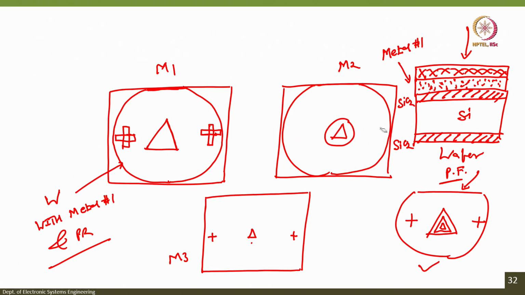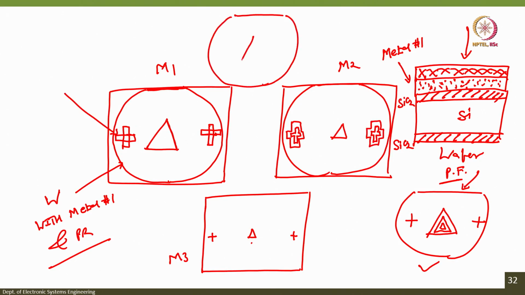But here the alignment mark of mask 2 is there already, and the wafer had the alignment mark from mask 1, correct, because that area was protected. Remember? Once we etch it and get the wafer, we will have a triangle and then the alignment mark from mask 1.